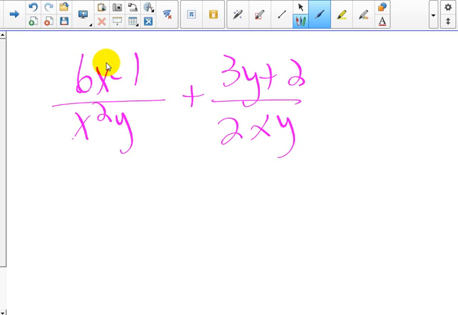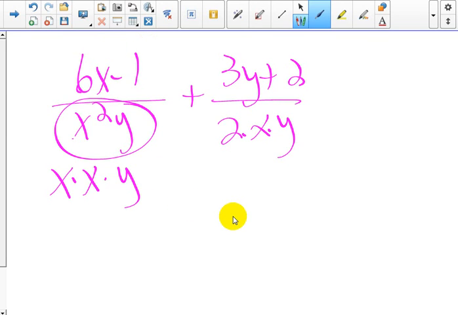There's nothing on top that we can do for the first term, but the second one, they're going to rewrite that as an x times y. And over here on the right, they're going to write that as a 2 times x times y. So they didn't change anything over there.